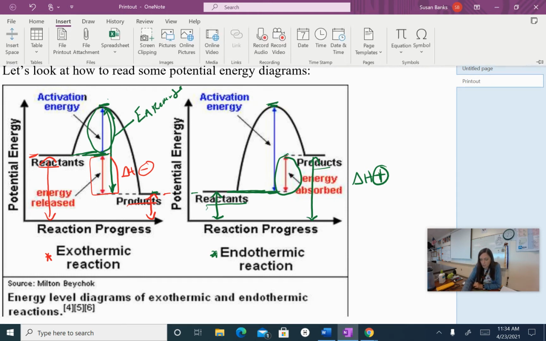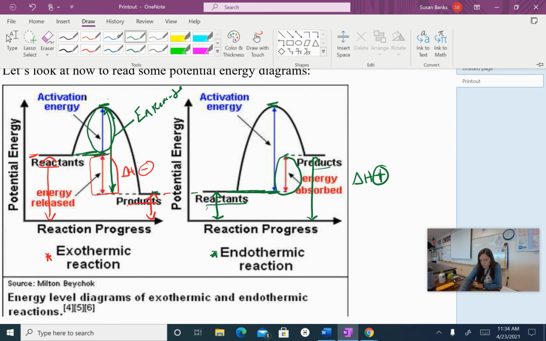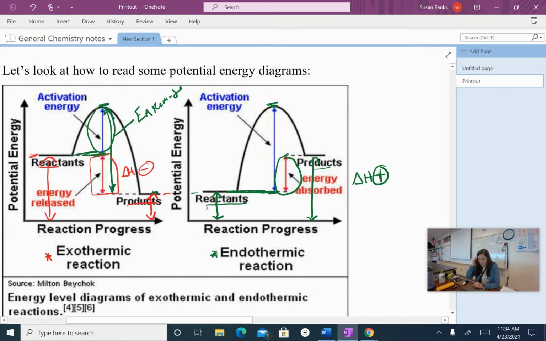And oops, I need to get another color. We can do the reverse reaction. If I do the reverse reaction, my activation energy would just be from here to the top. So this would be my activation energy of the reverse.